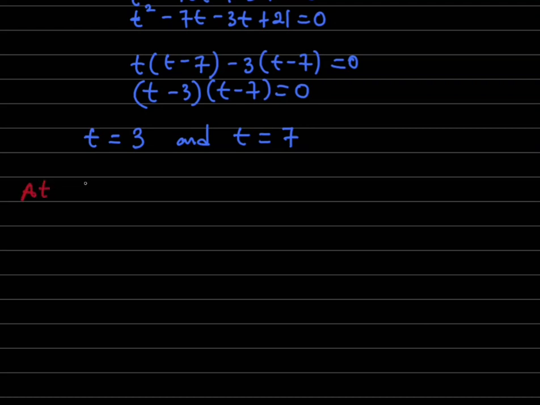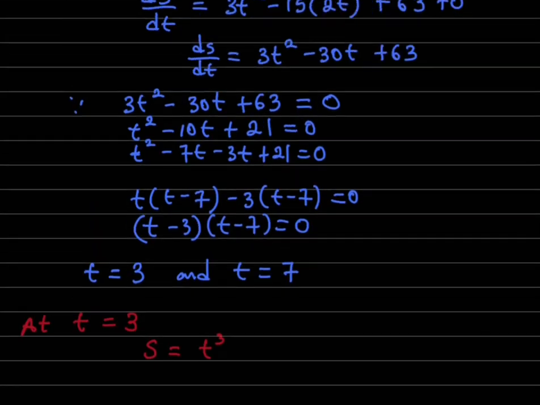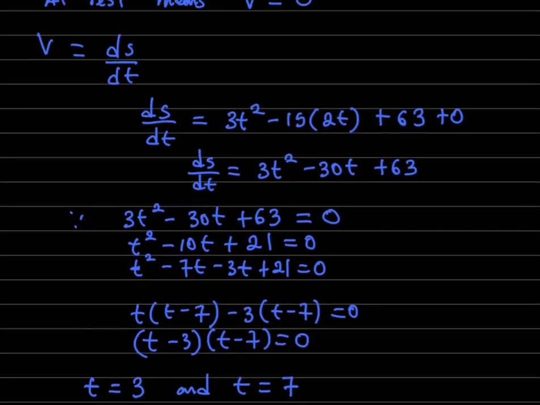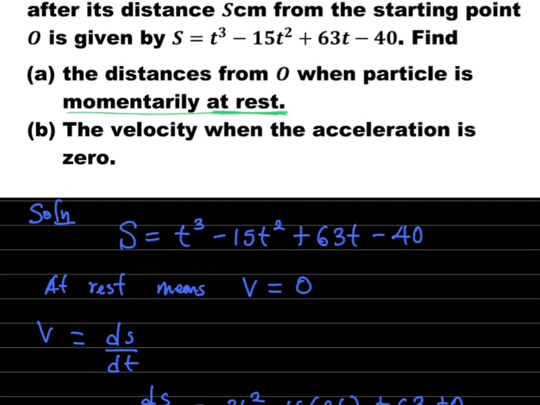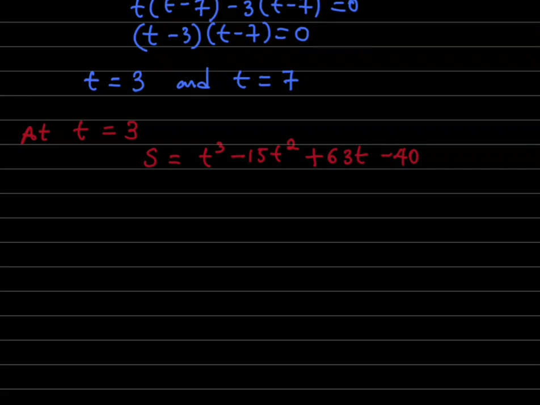At t is equal to 3, remember we know our s is equal to t cube minus 15t squared. So therefore, distance at this time will be 3 all raised to power 3 minus 15 into 3 all squared plus 63 into 3, then minus 40.